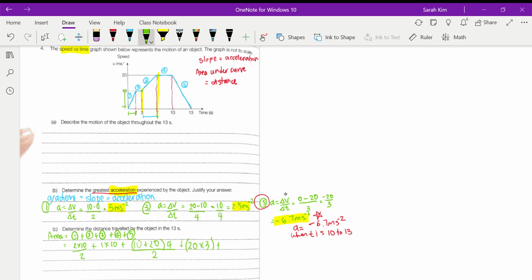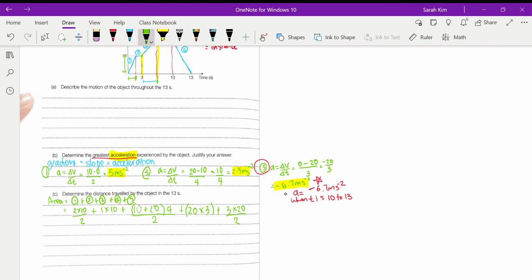And then the 5th section, which is 3 seconds times 20, divided by 2 because it's a triangle. If I solve that, that is 10 plus 10 plus 30, then 15 times 4 is 60, another 60, and then 30. If I add them all together, that'll be 170, I reckon. I'm just going to check that with the answer, and it's correct, 170 meters.